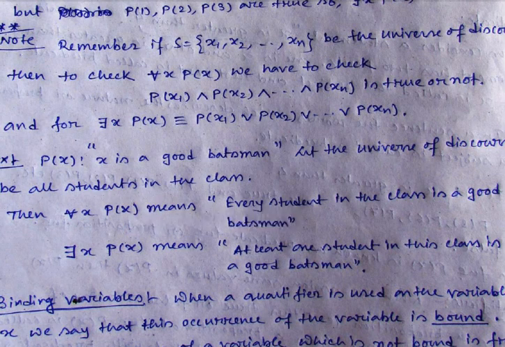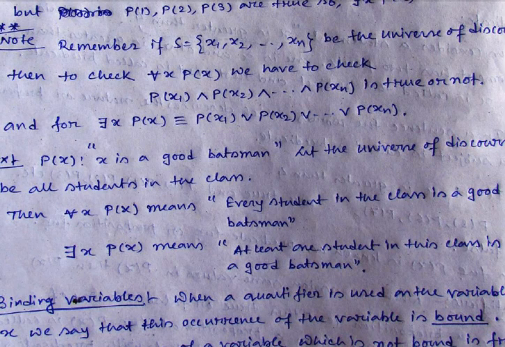If I want to say that for all members of the class P(x) is true, we apply for all x P(x), which means every student in this class is a good batsman. But if we want an existential quantifier, we write: at least one student in this class is a good batsman. These are the most important topics.